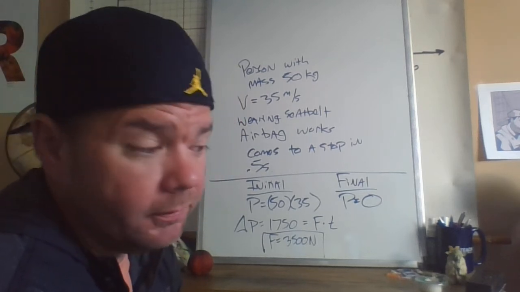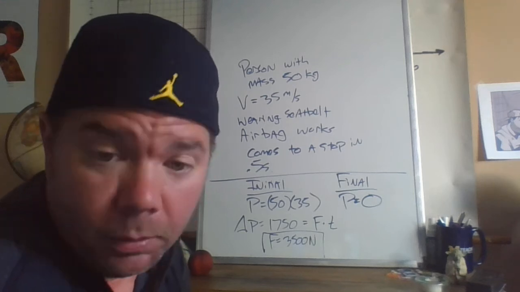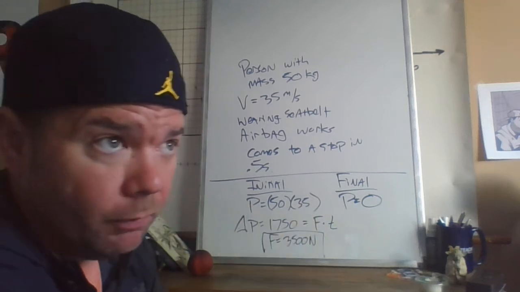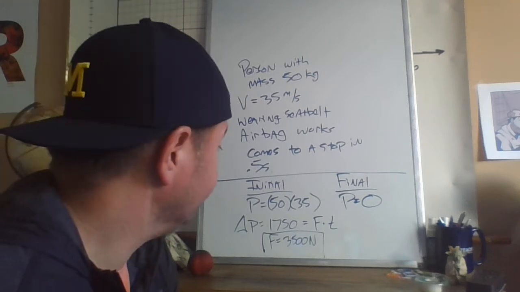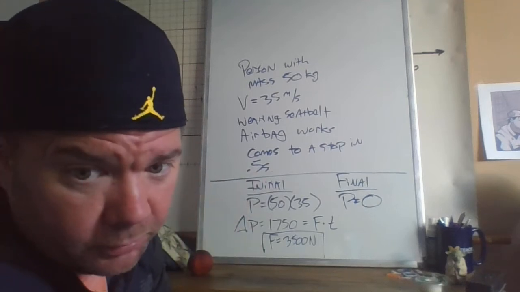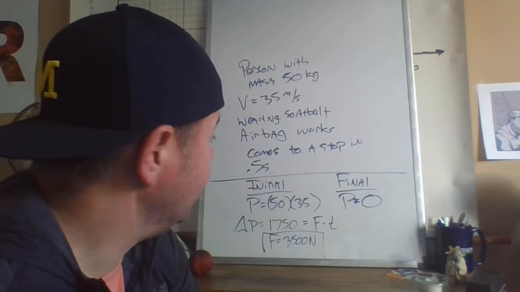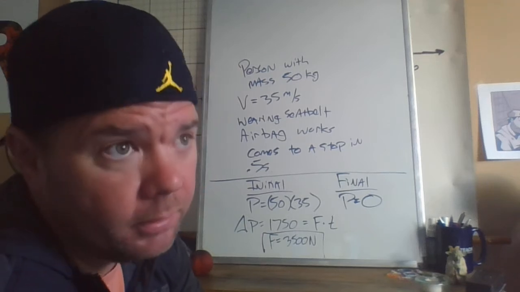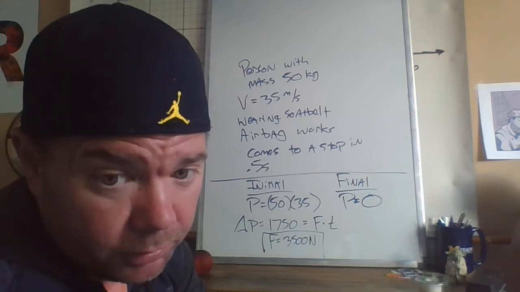We'll talk about the unit conversion from newtons to pounds, so you get a sense of how a newton compares to a more familiar unit. Now, what's really instructive is if you're not wearing a seatbelt and you're only relying on the airbag, or there is no airbag and you're only relying on the dashboard.